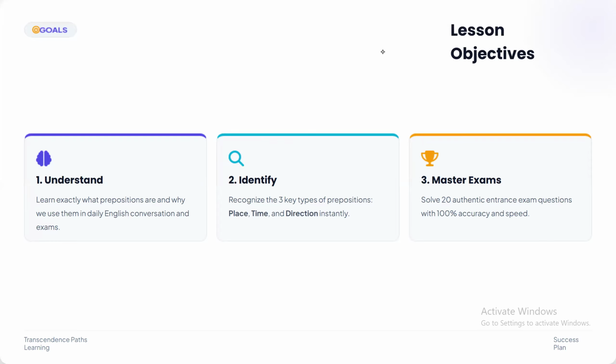Secondly, is to recognize the three key types of preposition: place, time, and direction instantly. The third one is to master exam: solve 20 authentic entrance exam questions with 100% accuracy and speed.